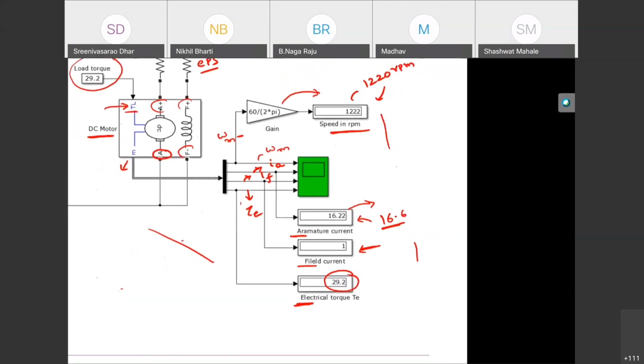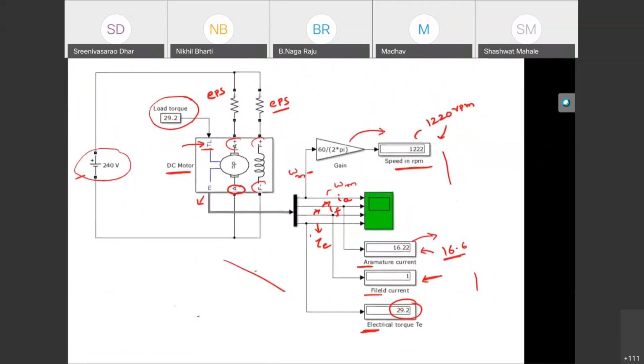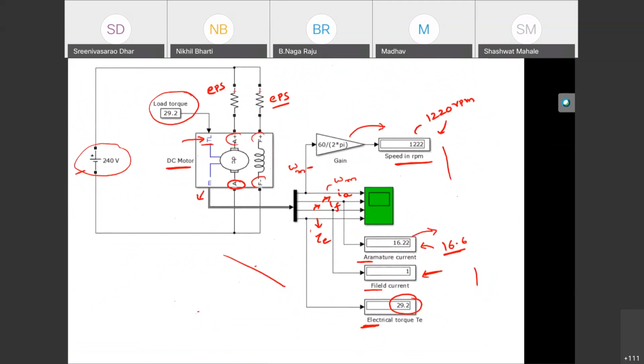If you use the exact values, you will get the correct numbers, and everything is more or less in the same range. Do you have any doubts on this?